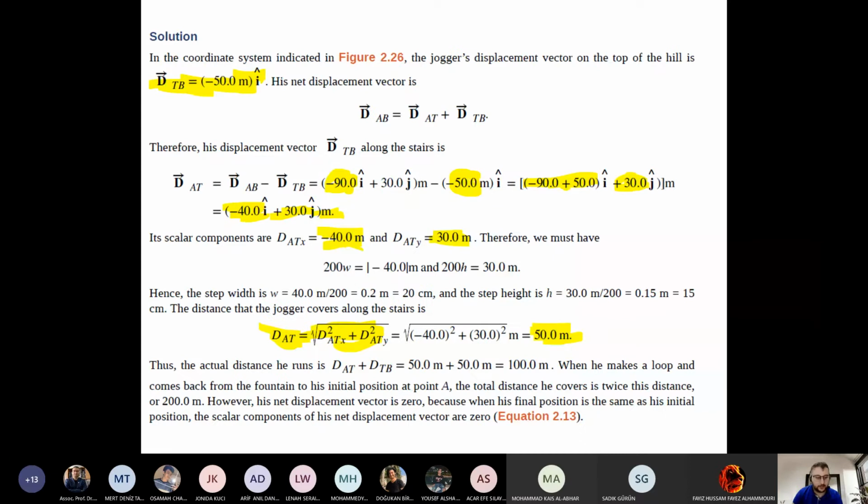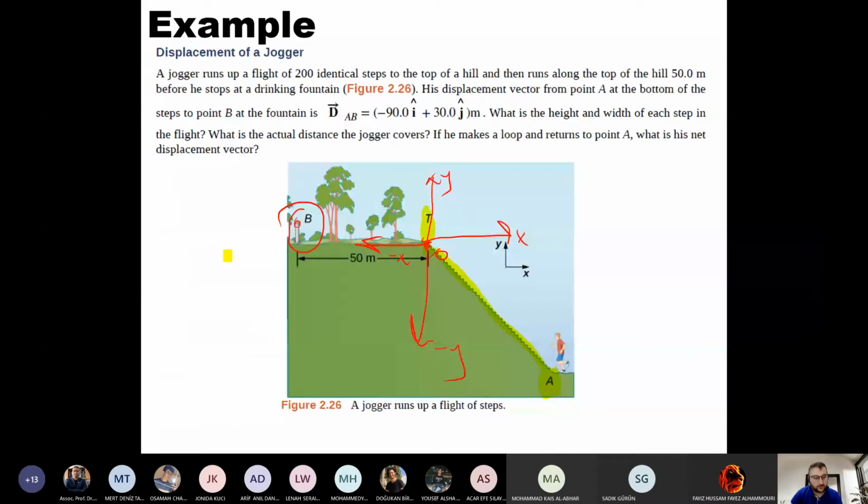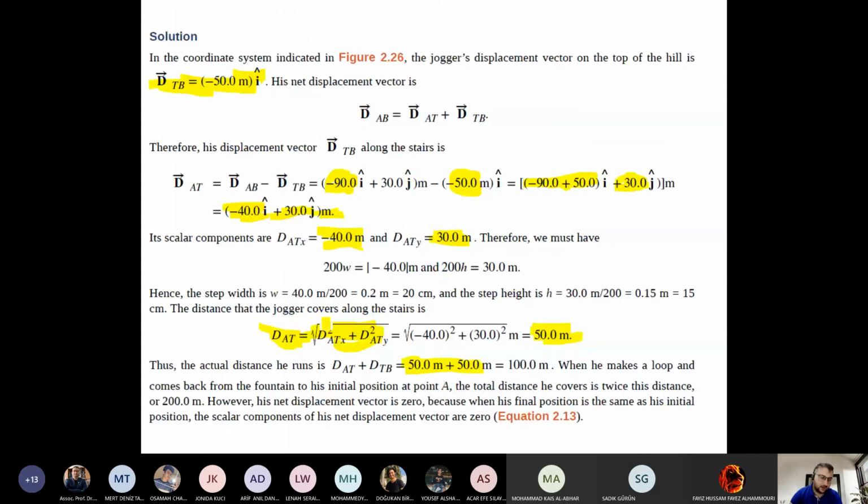This is 50 meter. And also from A to T is 50. From T to B is also 50 because it is given in the question. So 50 plus 50 is total distance, which is 100 meter. Okay. So this is also a very simple question.